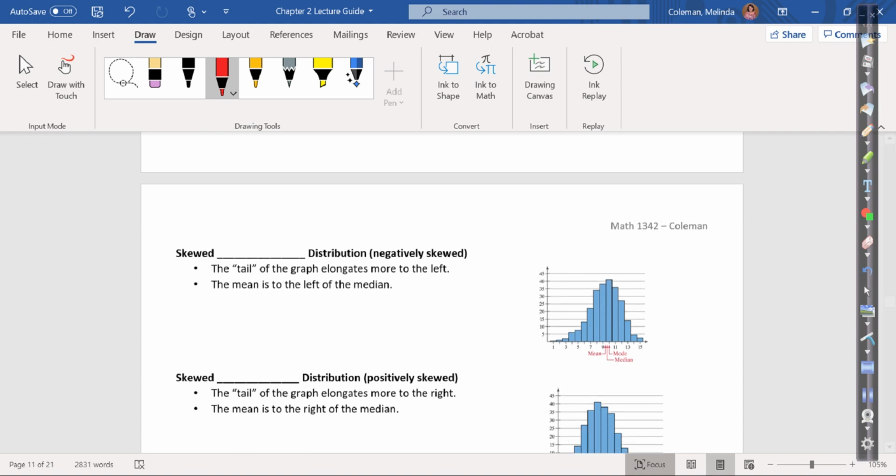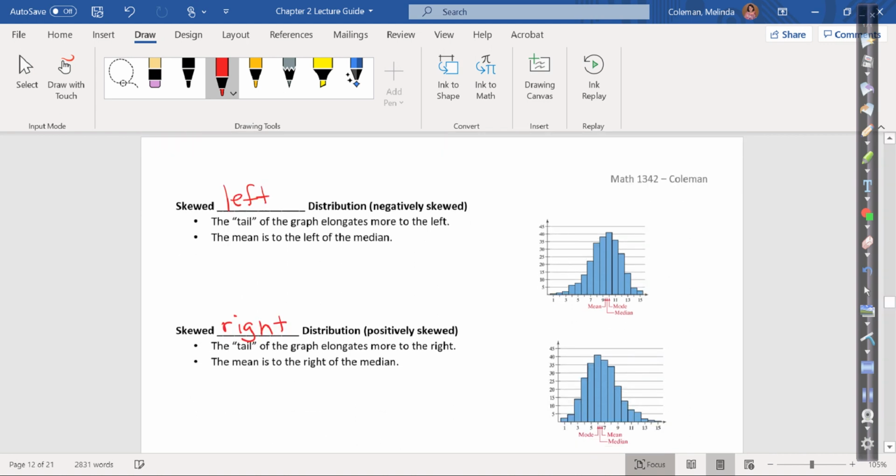Then we have what we call skewed left versus skewed right. Skewed left means that if I were to do the ski slope, it's going to be steeper to the right, but more flattened as it goes left. So it flattens left.